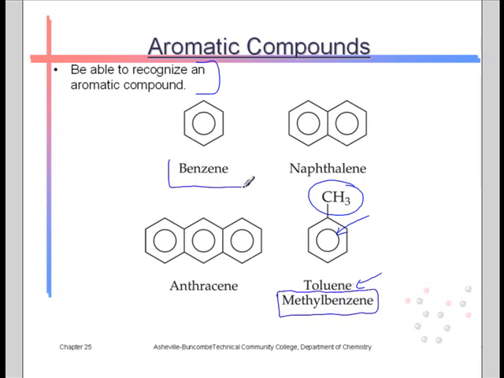And so we're going to use benzene as the parent name, and then we're going to name the substituent groups in front. Very similar to the other IUPAC methods that we've seen. Parent name comes on the right-hand side, substituent group names show up in front of the name. I'm not going to have you memorize naphthalene or anthracene.